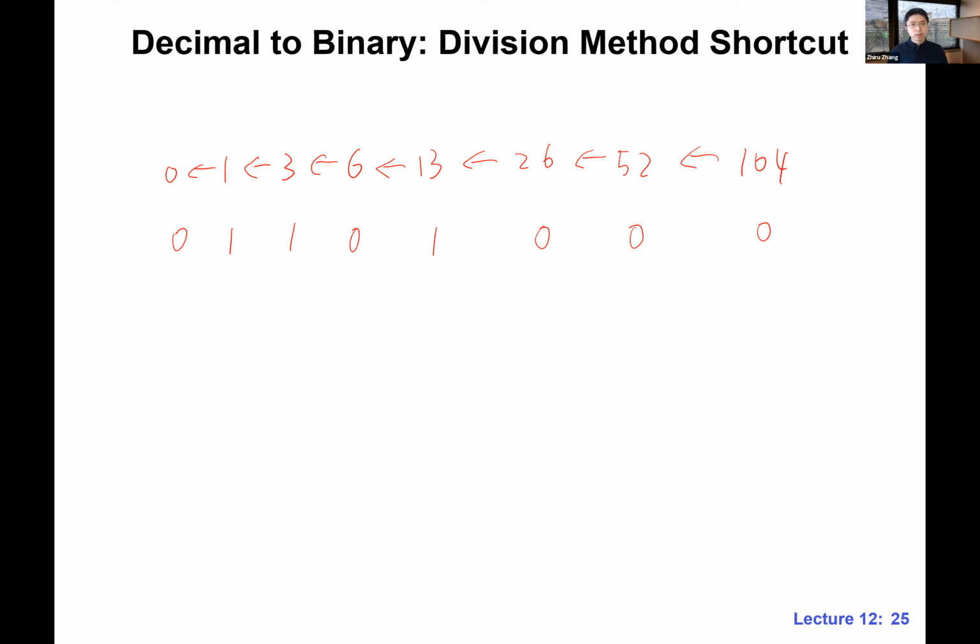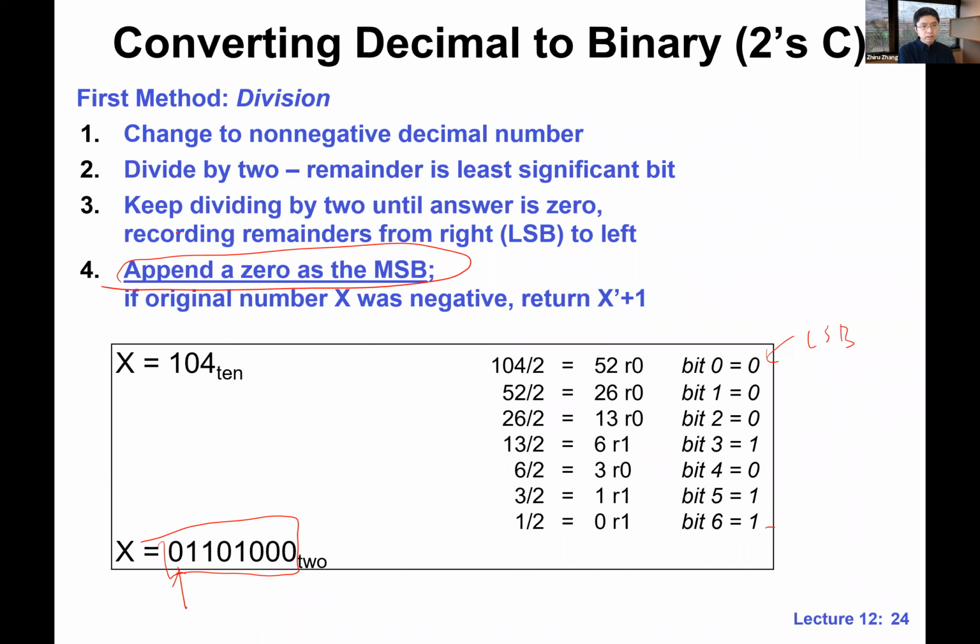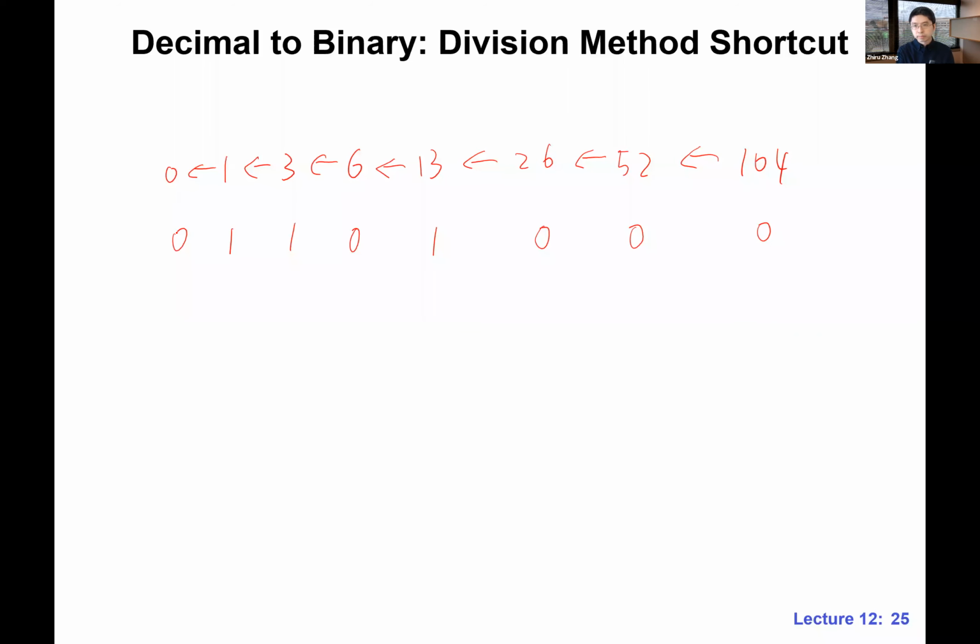Let's compare this to the earlier result: 0, 1, 1, 0, 1, 0, 0. Same thing. This is how the division method works, and this is the shortcut. Hopefully this is clear. We are basically keeping track of the remainder implicitly by just looking at whether it is an even number or odd number. That's it. Any questions?